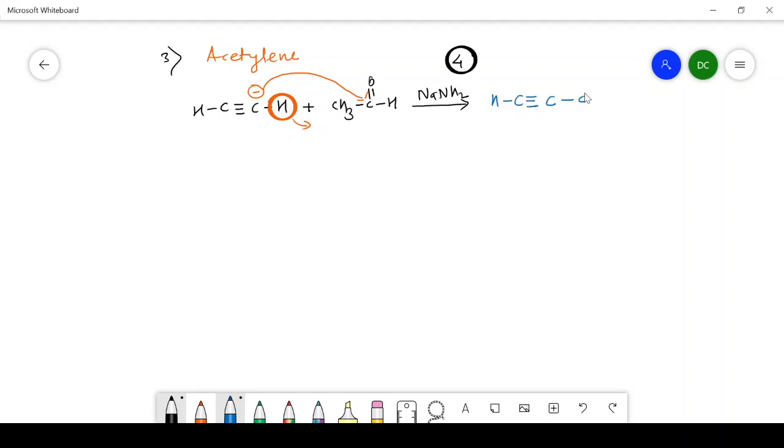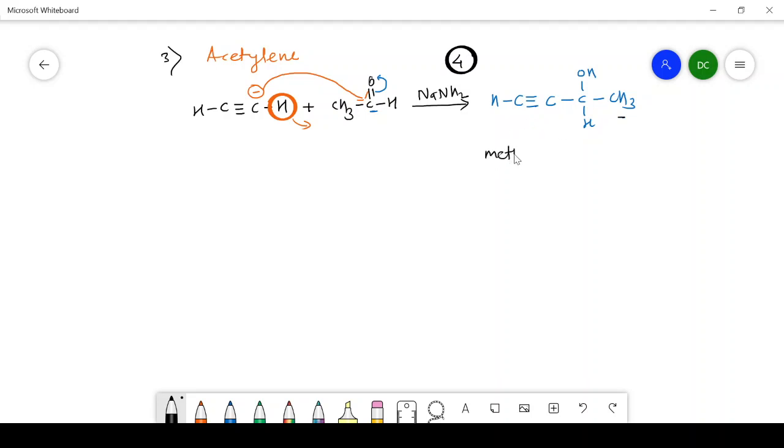Then it is attached with this carbon, and this double bond O gets converted into single bond OH. Here there is H and finally CH3. So after the reaction of acetylene and acetaldehyde, we get this; this is the methyl, and it is ethynyl.